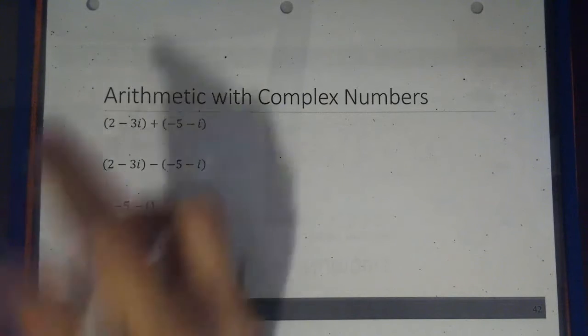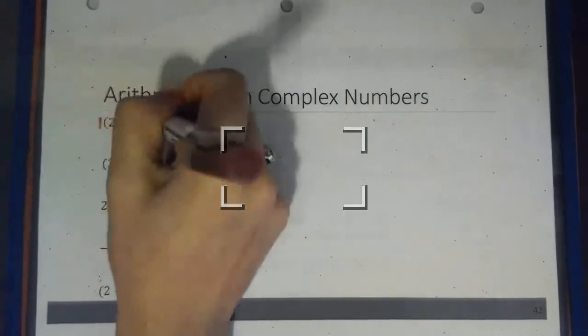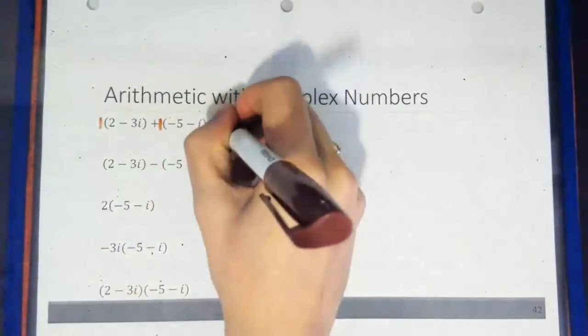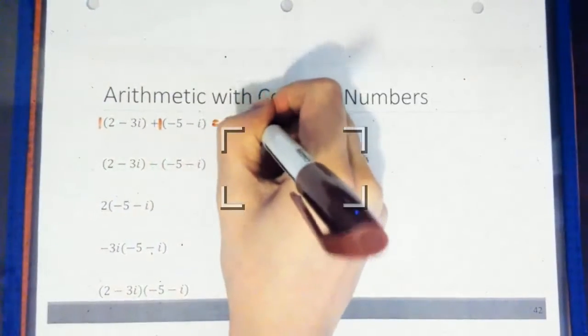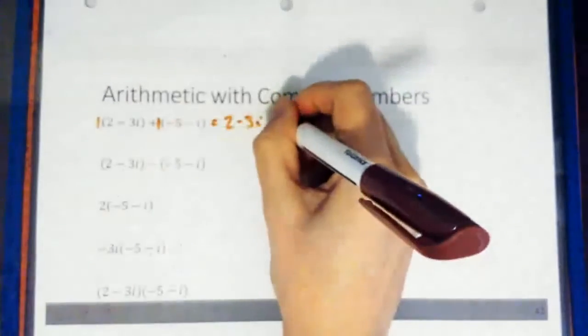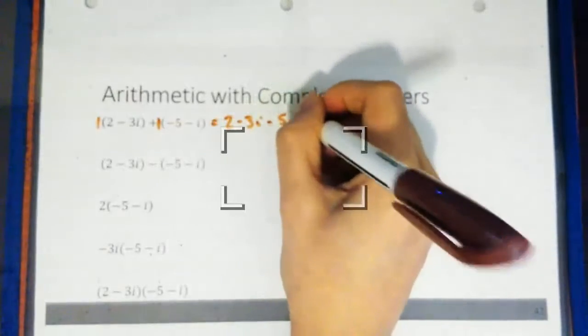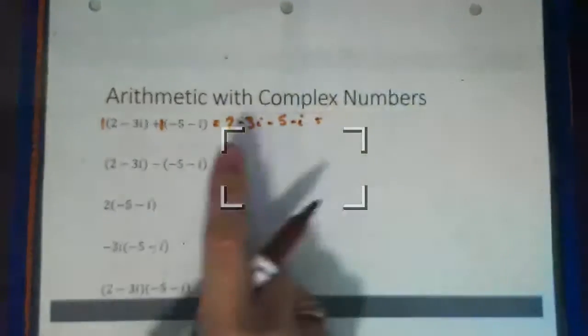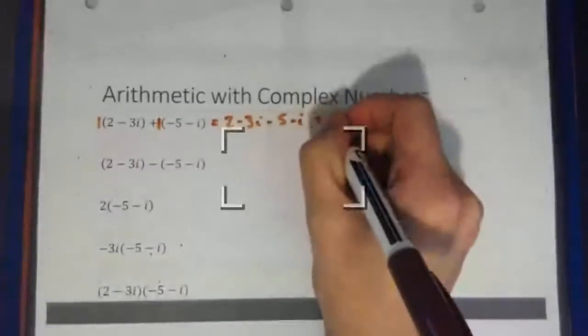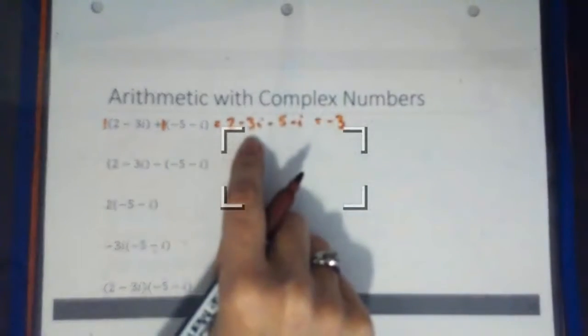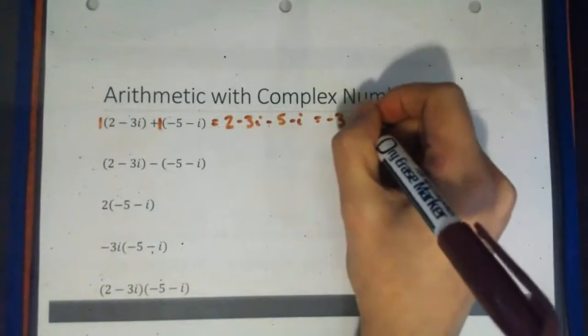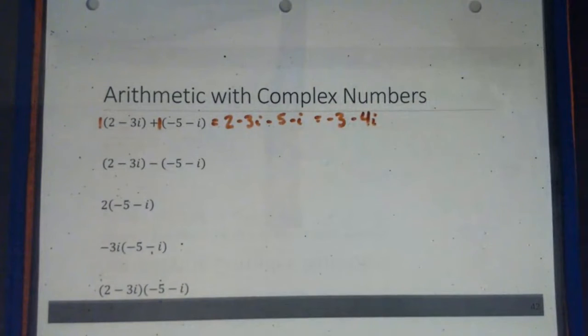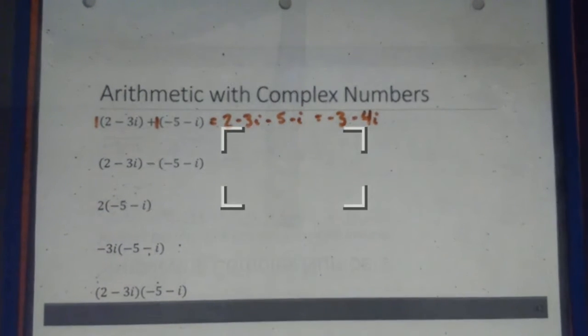Since I don't see anything out front, I'm going to put invisible ones out front, and I'll distribute those through. 1 times 2, 1 times -3i, 1 times -5, 1 times -i. And now if I combine my like terms, 2 minus 5 is negative 3. Negative 3i minus i is negative 4i. So if I add together those two complex numbers, I end up with negative 3 minus 4i.